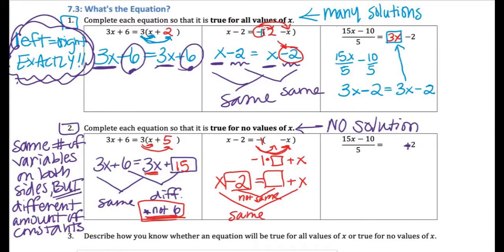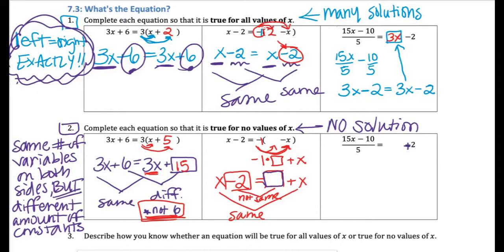So I cannot end up with a negative 2 on the right-hand side. So what number can I place in this box right here so that when I multiply by negative 1, I don't get negative 2? I cannot have negative 2 end up in this box. So what number can we put here that will make it so that I don't get negative 2?